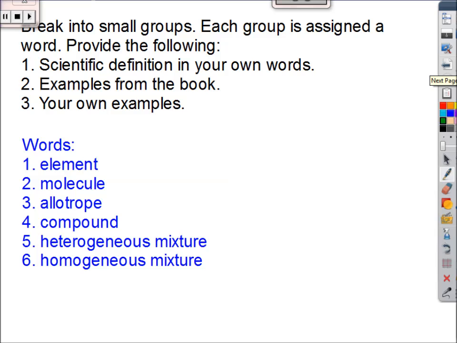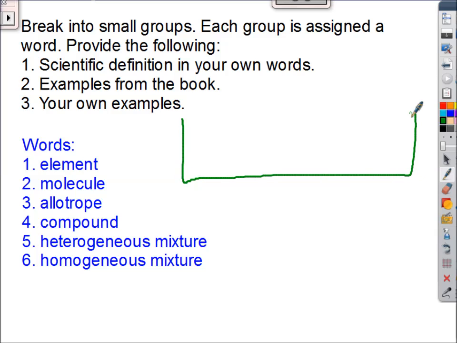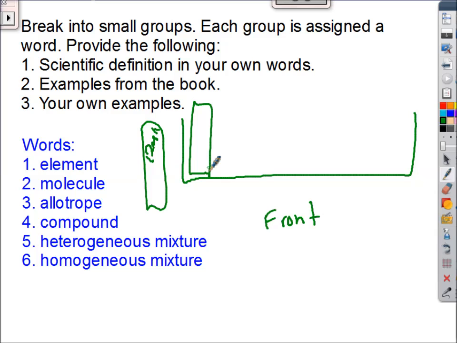At this point, if you were in class, I would have you break into small groups. Since you're not in class, I'm going to break you into groups depending on where your rows are. If this is the room as I'm looking at it, over here is my desk. Here's the front of the room. If you are in this set of rows, you're going to look up elements. If you are in the second set of rows, you're going to look up molecules.